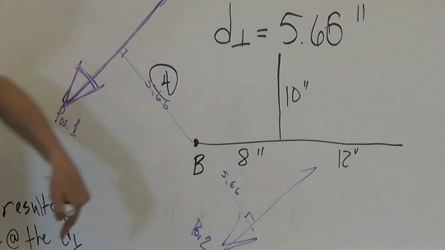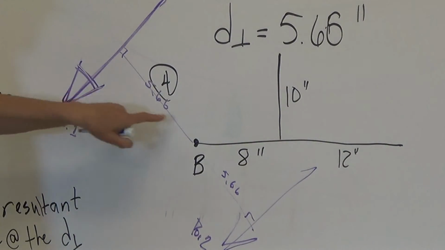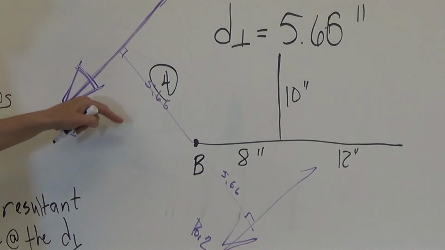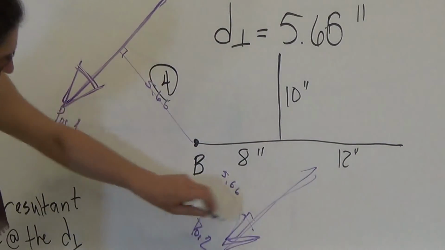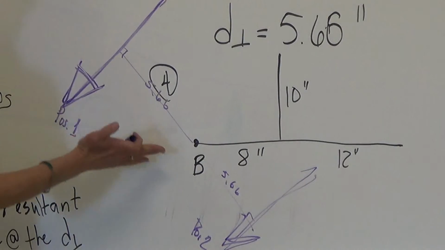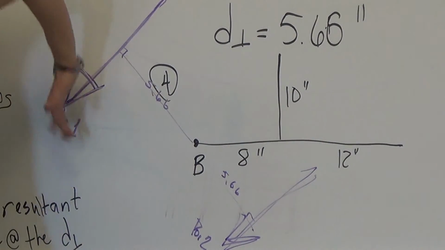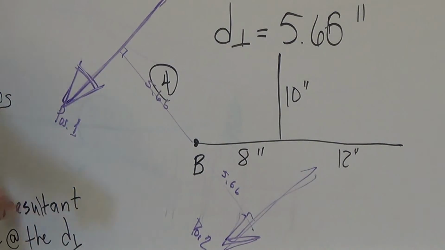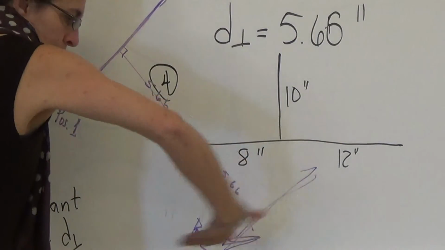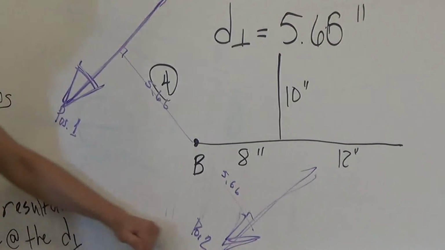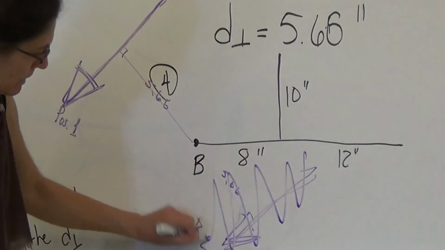We know the distance is 5.66, but we have to figure out, is the force above B or below B? When it's above B, it creates a positive moment about B. But if it's below B, going in the same direction, it's going to create a negative moment, so it can't be here.